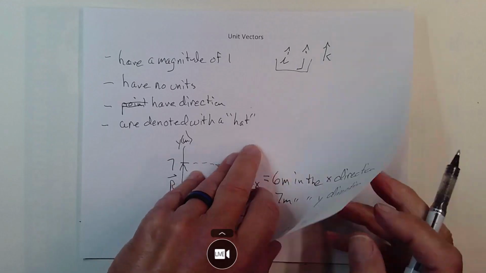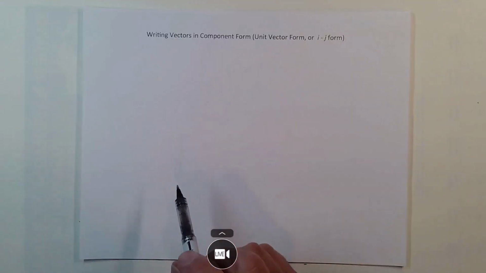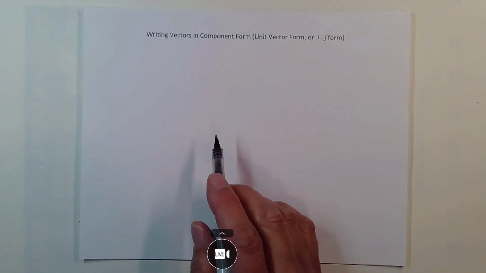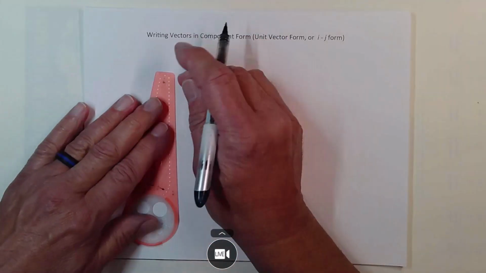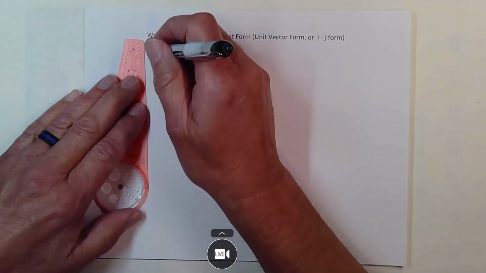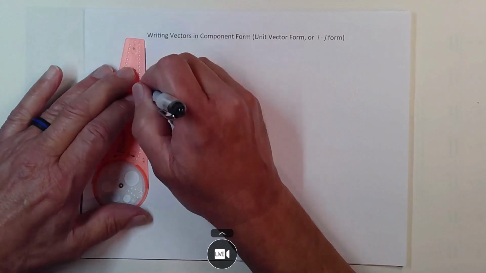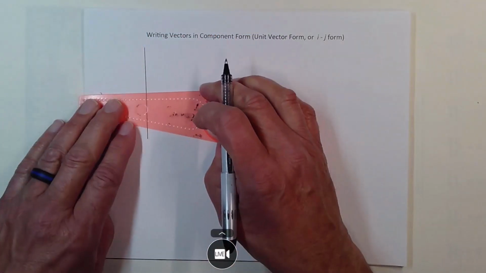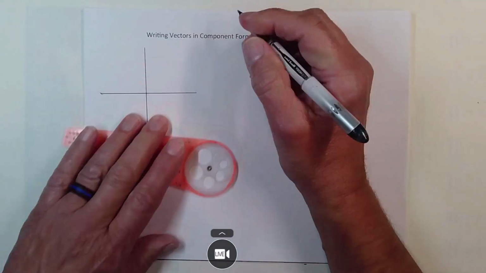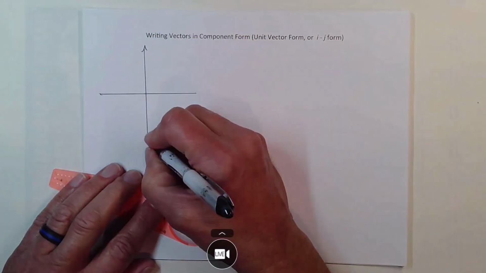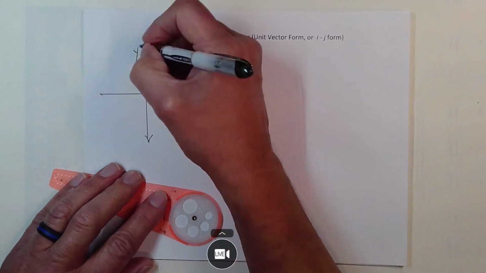That will be useful. Now, writing them in component form, we've already done that, but let me do something a little bit more with that. I'll do a couple of examples here. Let's suppose this is our XY coordinate system, and maybe they're not exactly perpendicular, but pretend they are. So here's y up here.